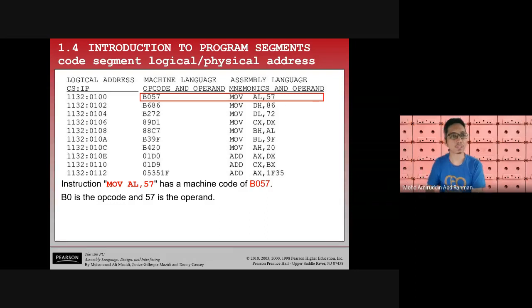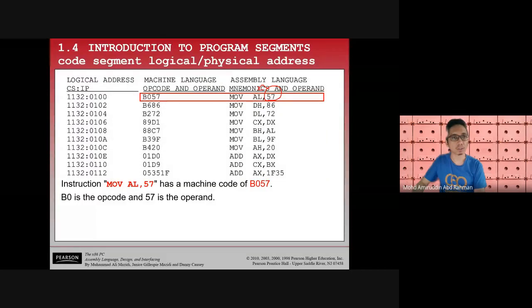So we want to move 57 to AL. 57 is moved to AL.